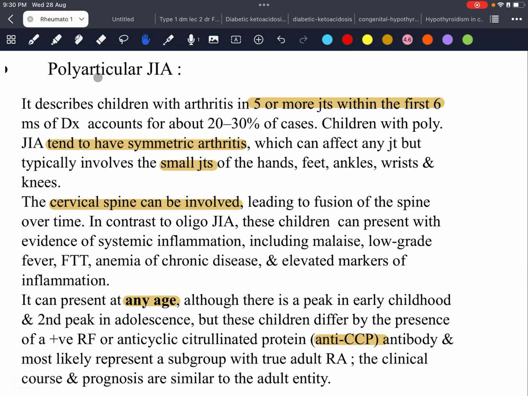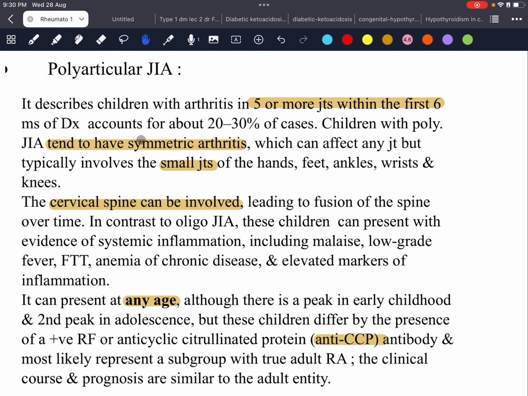The polyarticular form involves 5 or more joints in a period of 6 months. Okay, and usually small to large joints. Even the cervical spine could be affected. The patient here, in comparison with the oligoarticular form, has systemic arthritis.